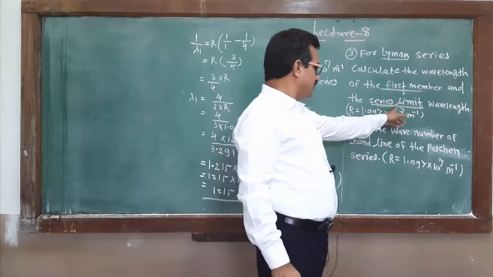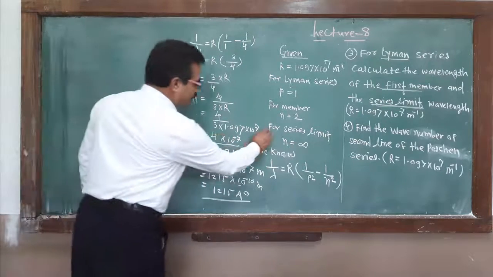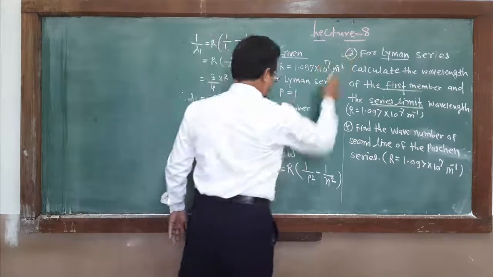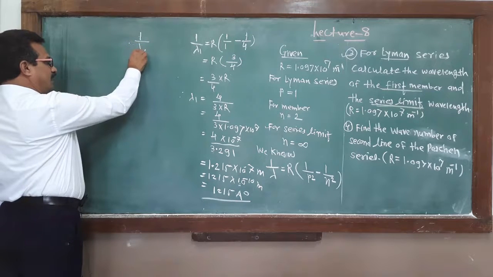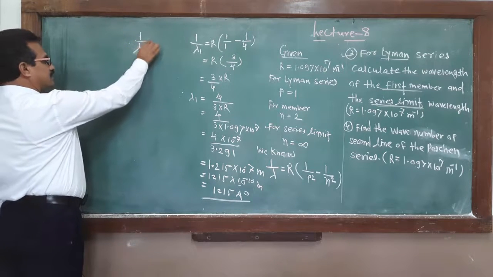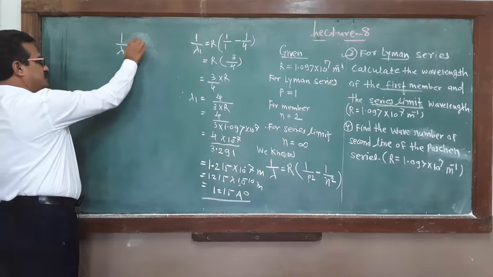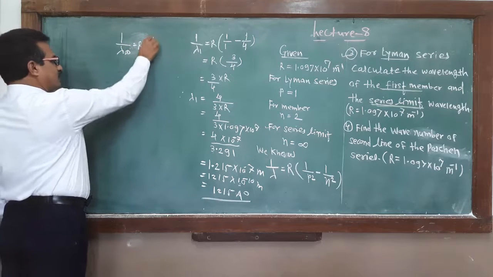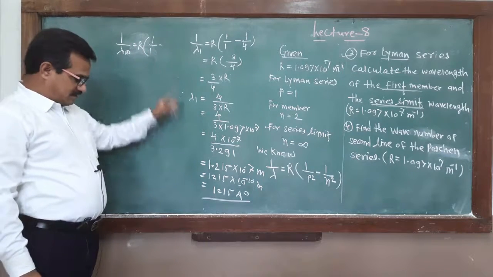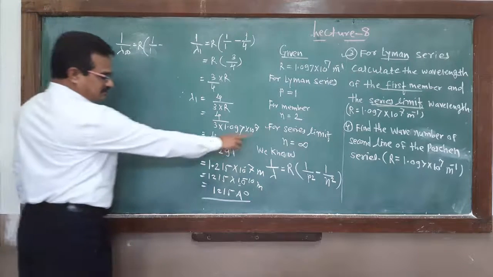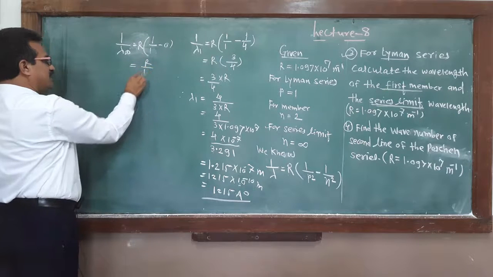Second, find the series limit wavelength. For the series limit wavelength, n is infinity. Therefore, 1 upon lambda infinity is equal to R in bracket 1 upon 1 minus 1 upon infinity, which is 0, so that is equal to R divided by 1.